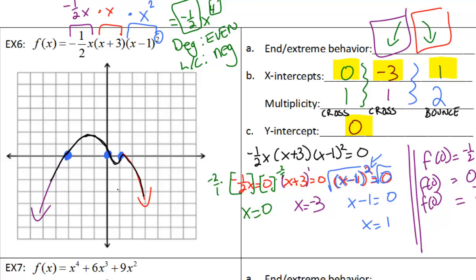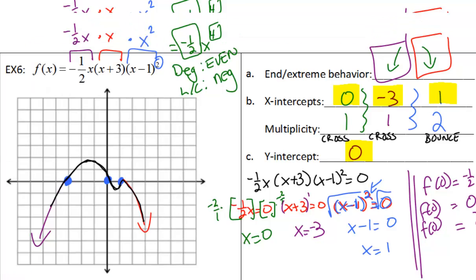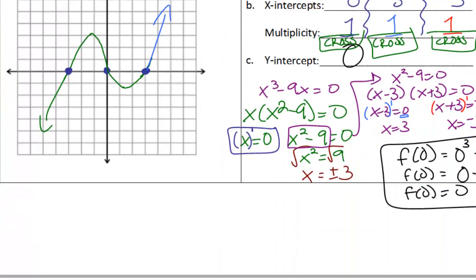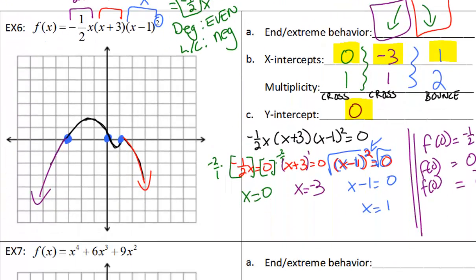If I'm coming in from the top, kind of like we had on the example I gave here that was already graphed for you, see, I came in from the top, turned around, went back up. So the bouncing depends on which way you were coming in from. This happens to be I was going in from the bottom, so I need to go back down. This here is the graph of my function negative 1/2 x times x plus 3 times x minus 1 squared.